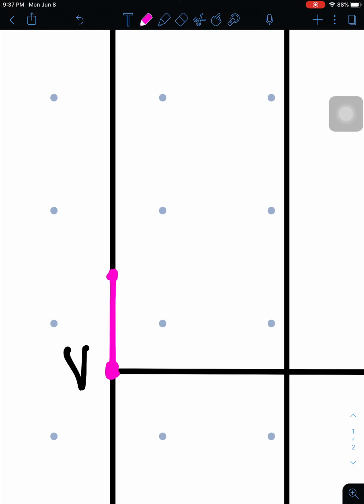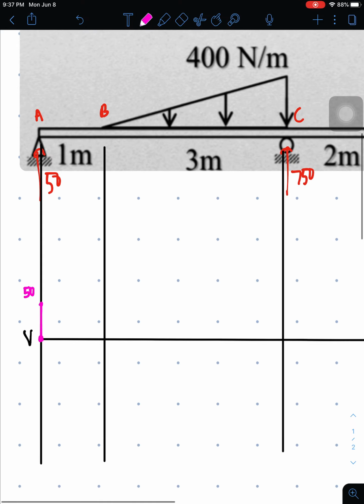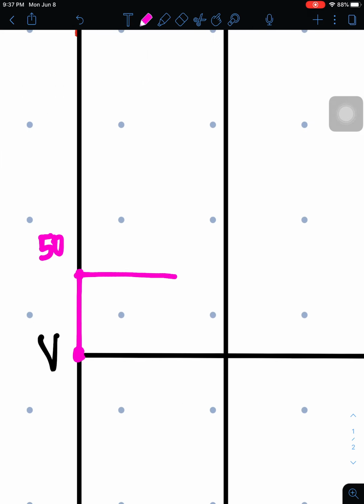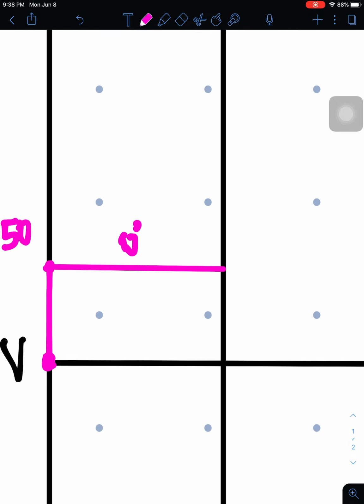Okay, that is our 50. And since we're now plotting point B, comparing A to B, there is no load between them, so we draw a horizontal line at 0 degrees, and this value here is still 50.